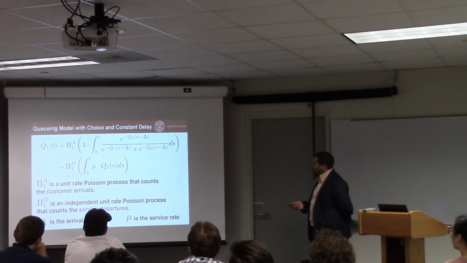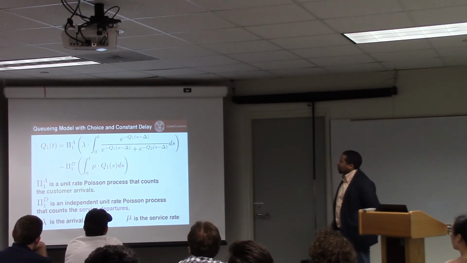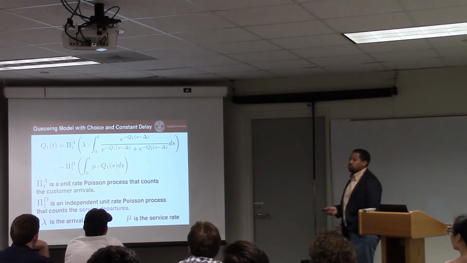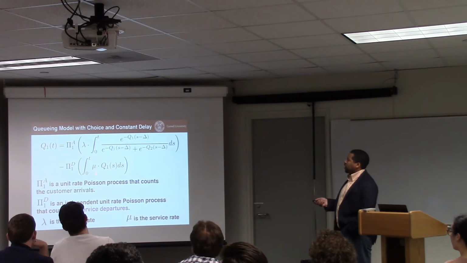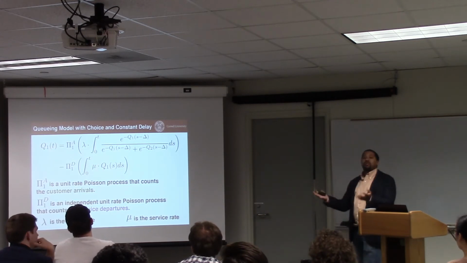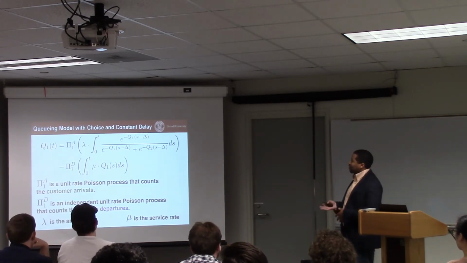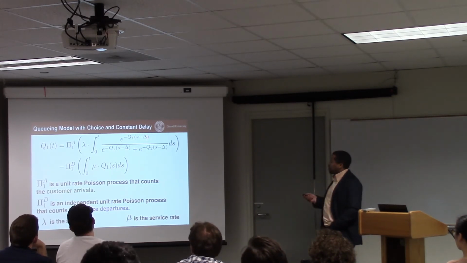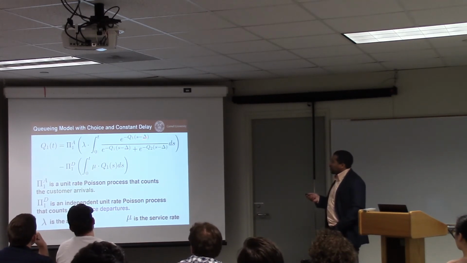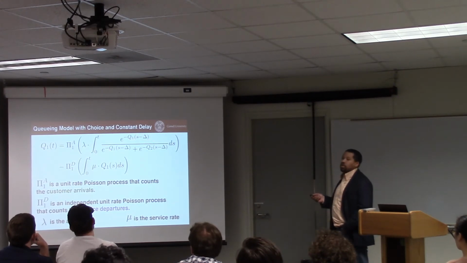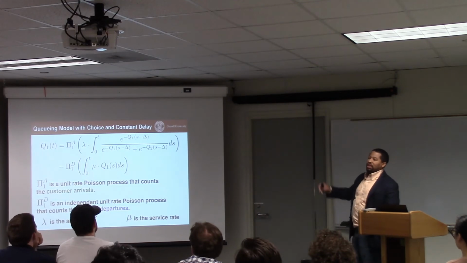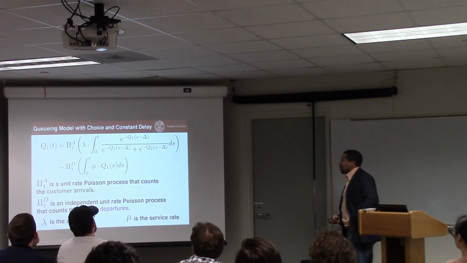Our arrival rate is lambda, and the rate at which people are serviced is mu. This represents the number of people who decide to take the upper level or choose the lower level. What's unique about this is that I decided to incorporate what is known as a choice model, which represents people making decisions about what they see.